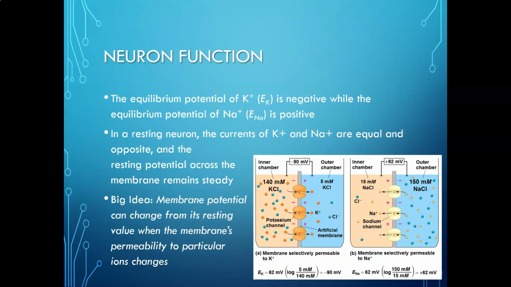But if something occurs, whether it's opening channels, using pumps, whatever the case might be, to change the permeability of that membrane to a particular ion, then I can change that voltage potential, and that's where I have the potential to start sending signals, start changing those voltage concentrations and be able to do something with it.